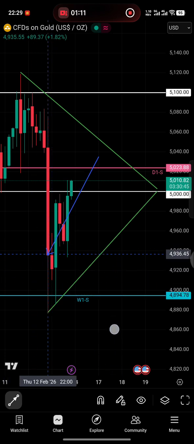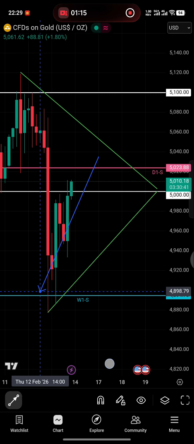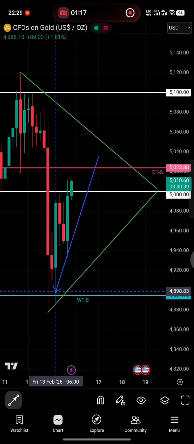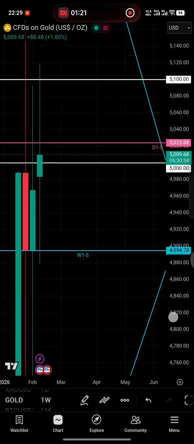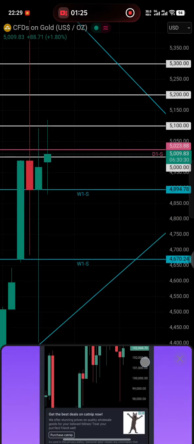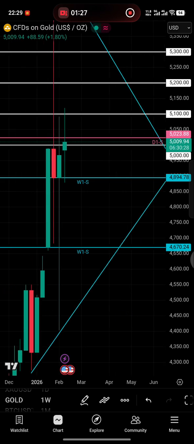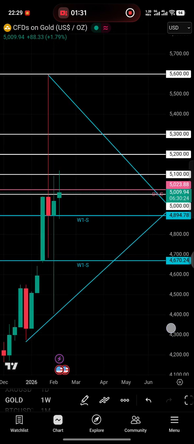And all the way down here, the 4-hour candle went down all the way to touch this weekly support, right? This is a weekly support that I have drawn before this because we need to be able to understand that there are support and resistance residing in higher time frames too.